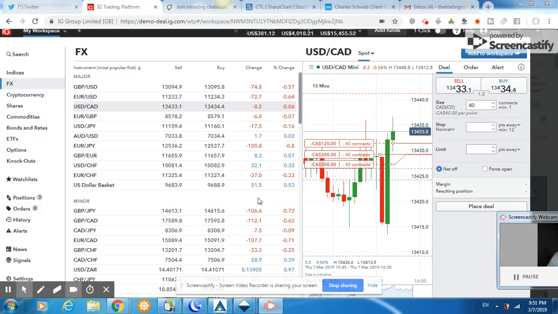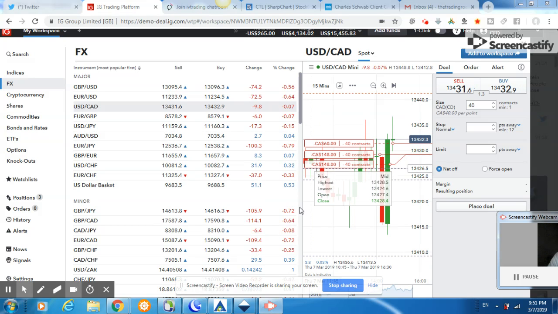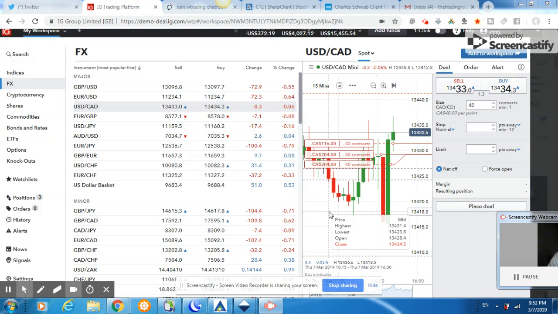So we just have to wait and see what happens. As you can see by these numbers here, they're all red, so we're on the wrong side of the position. The good news is a spike is developing. This is a spike here, showing weakness.